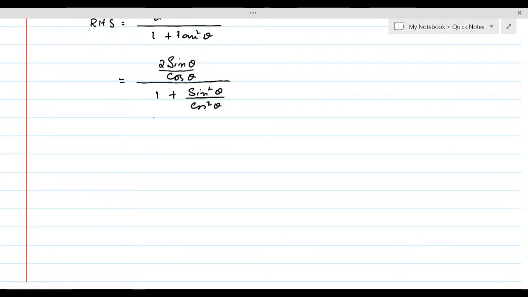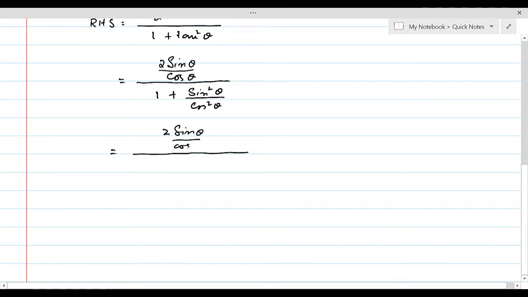And if we take LCM in the denominator, we will have 2 sine theta over cos theta divided by cos square theta plus sine square theta divided by cos square theta.